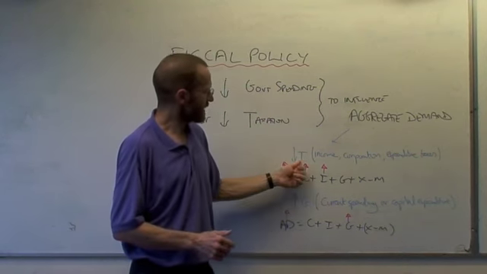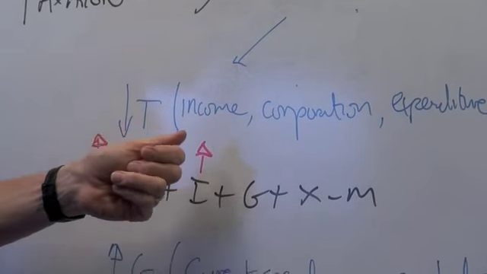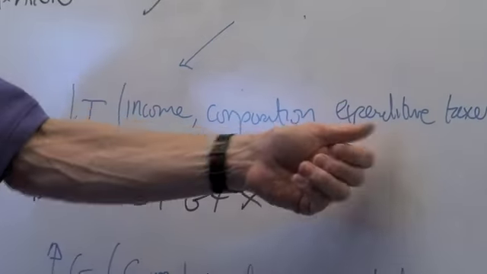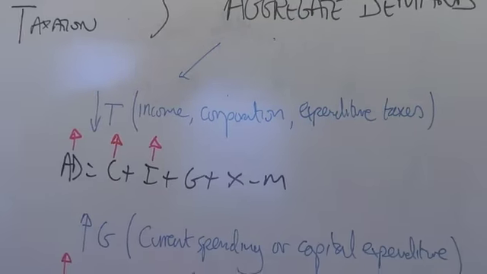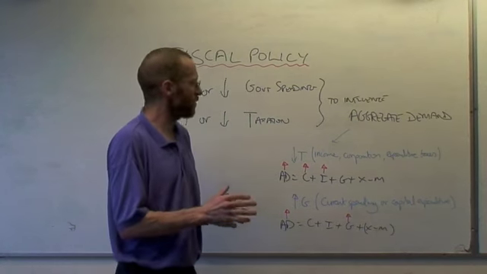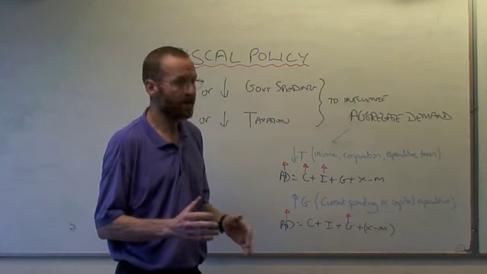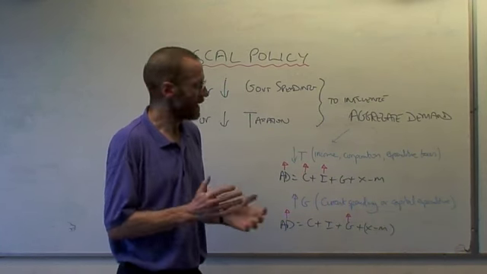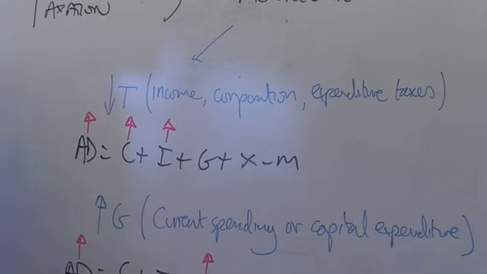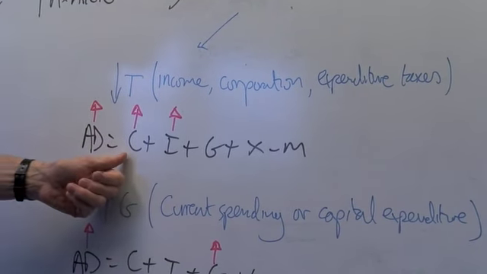If they decrease taxation, for example income tax or expenditure taxes such as VAT, what will happen is that people will find that they have an increased disposable income. They have increased purchasing power, and as a result they will go out and they will consume more, so consumption will increase.